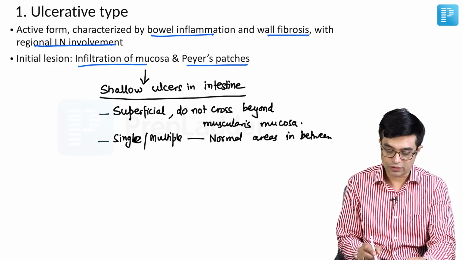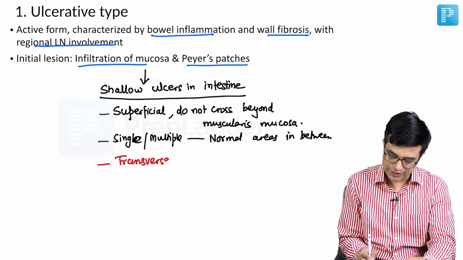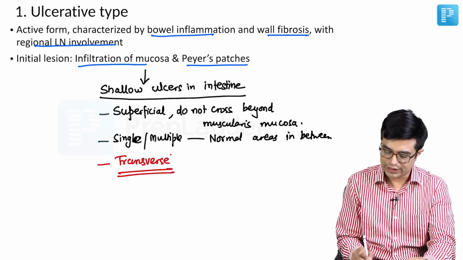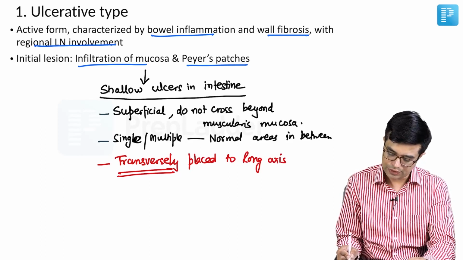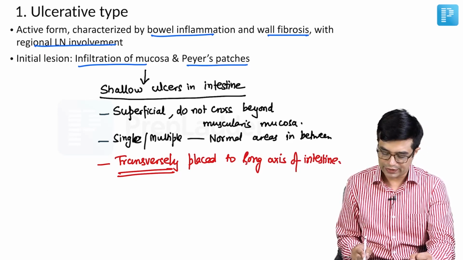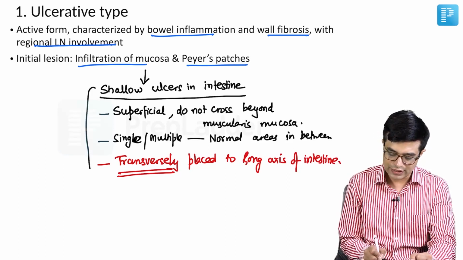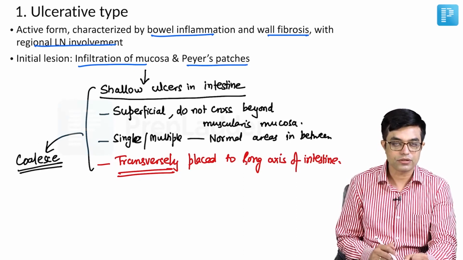Third thing, which is very important, they are transversely placed. So, they are transverse ulcers. They are transversely placed to the long axis of intestine, and as the disease progresses, they tend to coalesce and lead to complications.